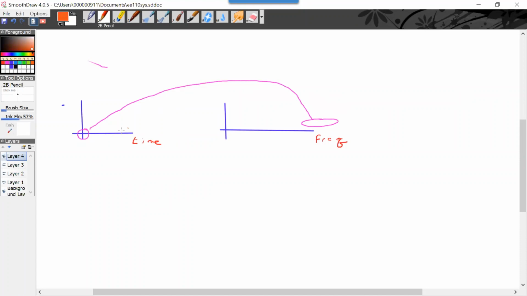And what's happening later in time shows up at the lower frequencies, right?